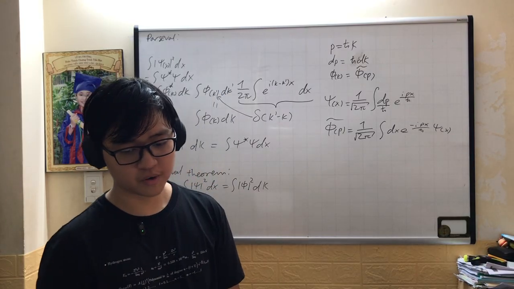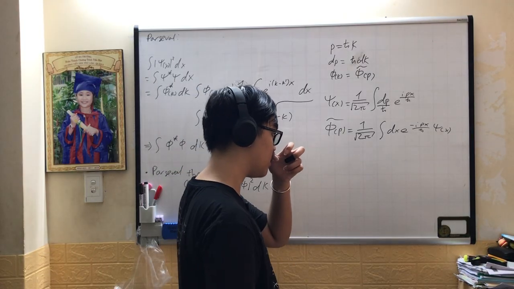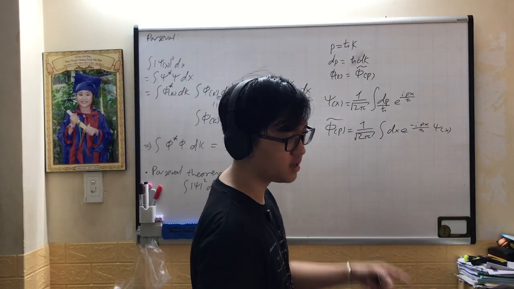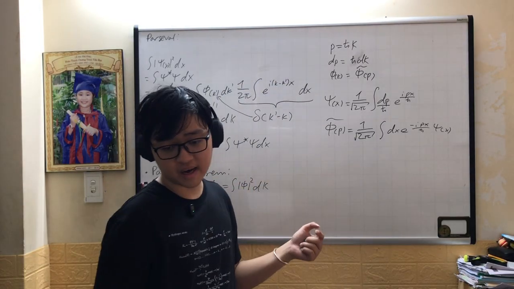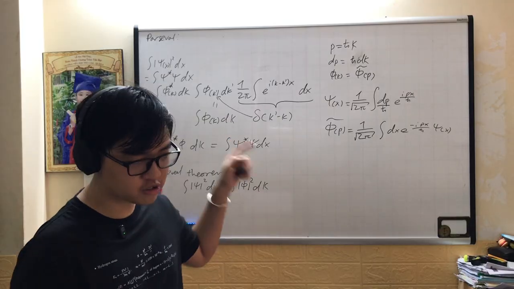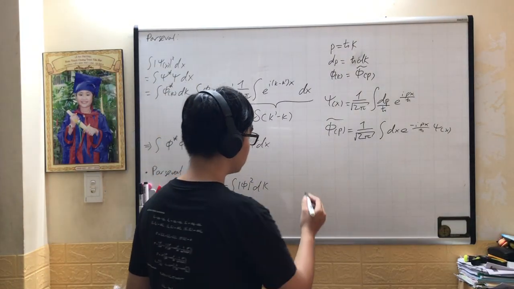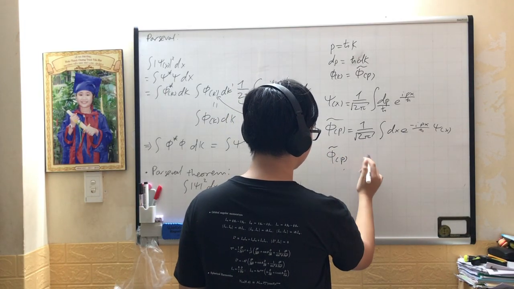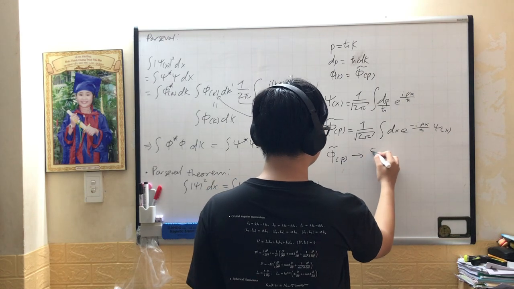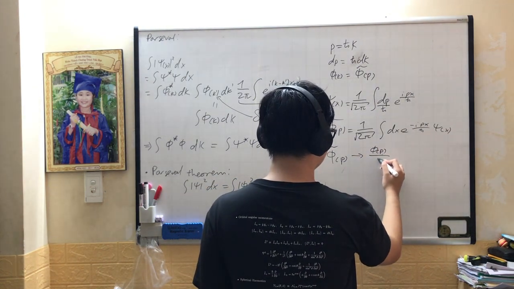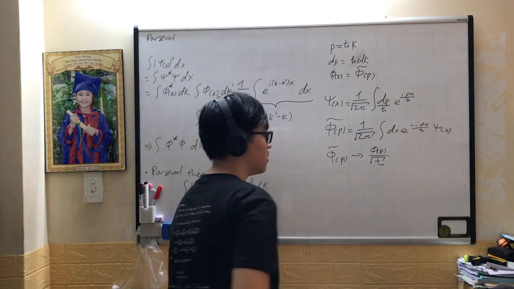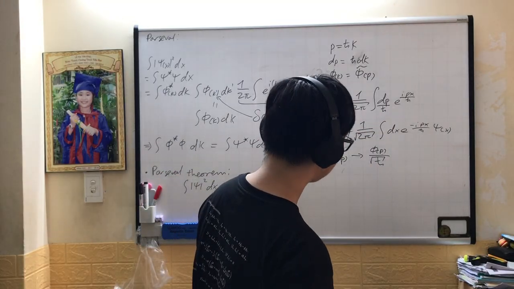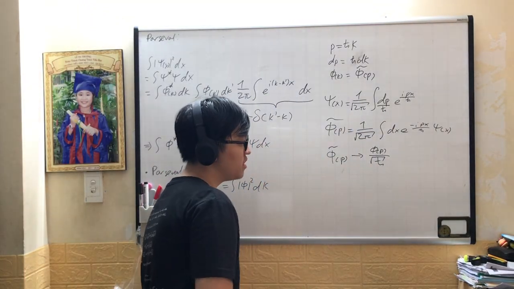Therefore, we would put phi tilde as something of p divided by root h bar. So phi tilde has to go to something over root h bar, to secure that this thing is gone. And it would be normalizable as well.